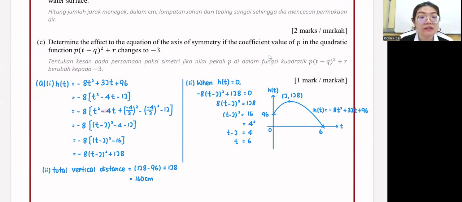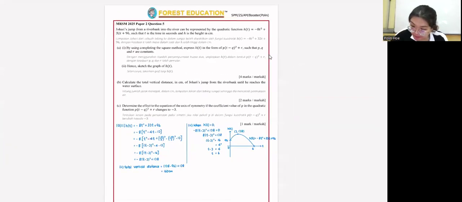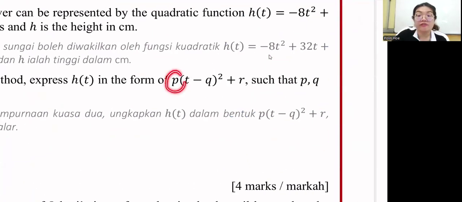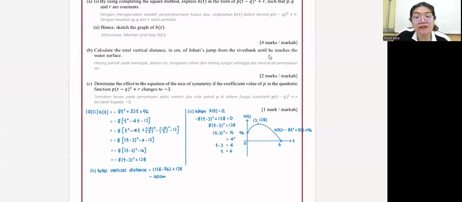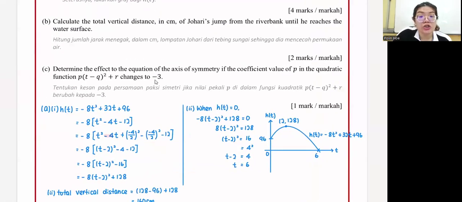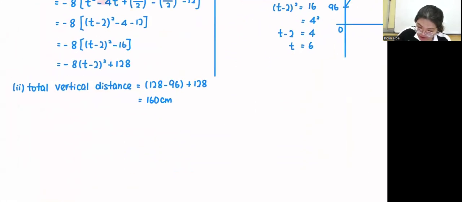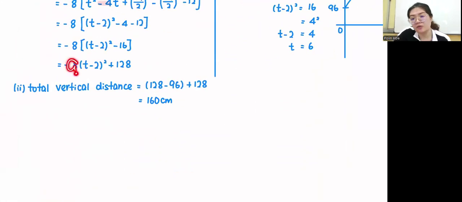Okay, next one. Determine the effect on the equation of the axis of symmetry if the coefficient, p, going back to part A, p is negative 8. So if the negative 8 changes to negative 3, will this value affect the equation of the axis of symmetry? For the equation of the axis of symmetry, we check on this part only, correct? We check on this. So will it affect?